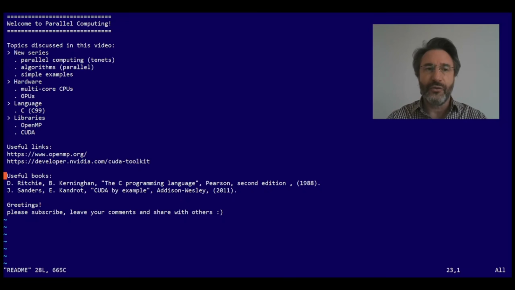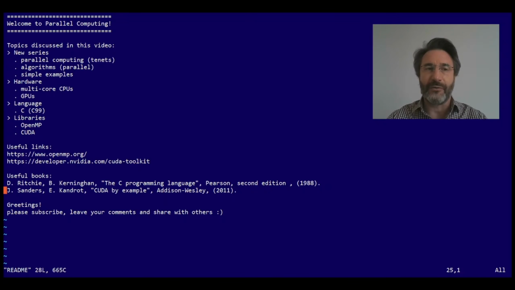Also, there are two good books that I would like to suggest. I'm going to use these two books for this series, or at least I'm going to get inspired by them. The first book is a classic, the Ritchie and Kernighan book on the C programming language. And the second one is called CUDA by Example.